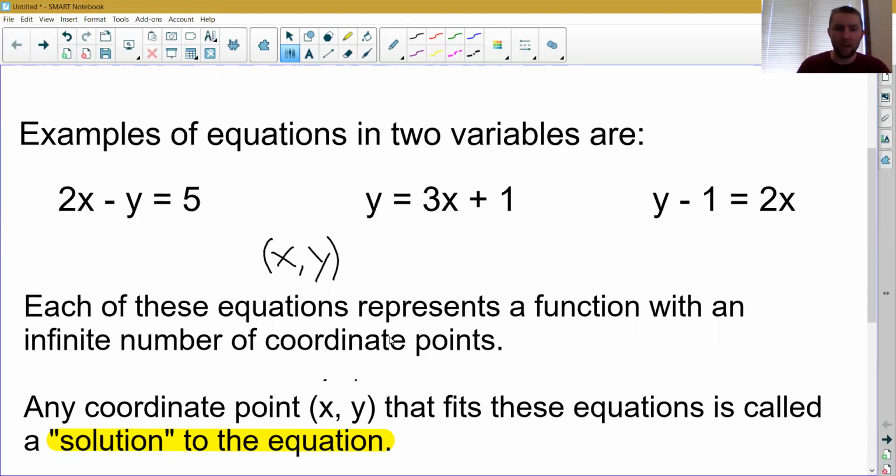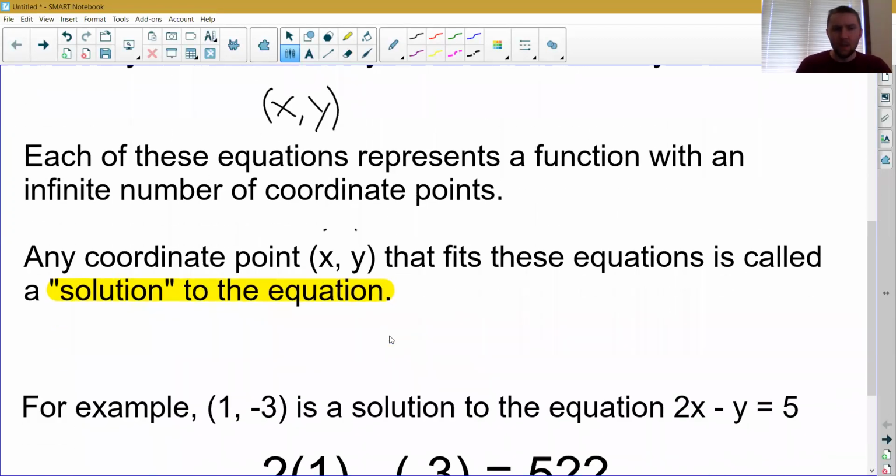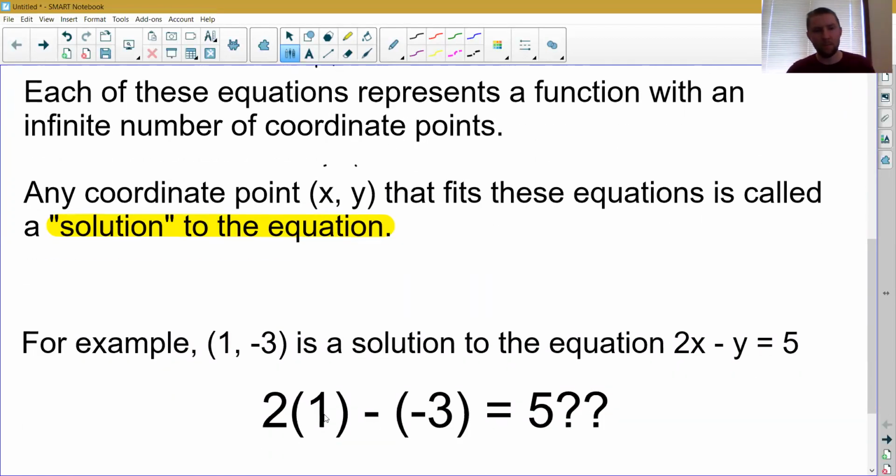The x and y that fit these equations basically make them true statements. So here's a quick example. Here's a coordinate point, (1, negative 3). And this coordinate point, this value of x and y, remember x is always first, is a solution to this equation 2x minus y equals 5.